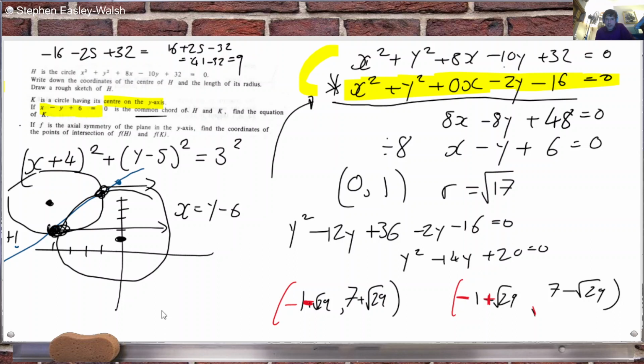Yeah, I'm not 100% satisfied, but one way I could check is that 7 plus root 29 is on the other circle. So let's just check that. 7 plus root 29. Okay, so that plus 4 squared plus that minus 5 squared, does that equal 9? No, it doesn't. So it means I've made a mistake, sadly.